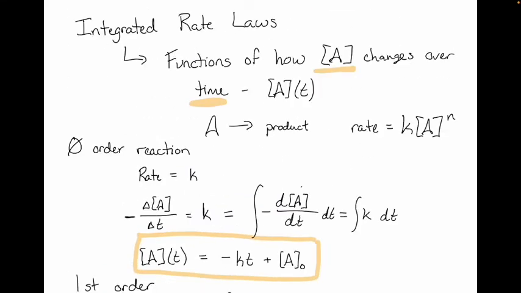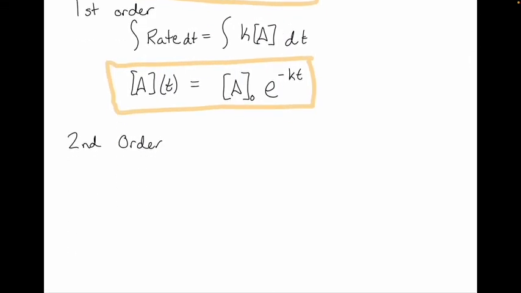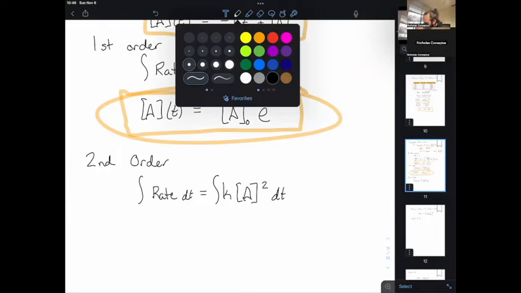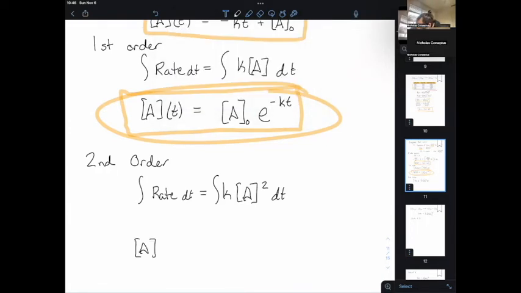All right, now I'm going to take this expression here and plug in a 2 for n. All right, so then the integrated rate law we get for these second order reactions is the concentration of A as a function of time is equal to that initial concentration of A divided by the initial concentration of A times k times t plus 1.